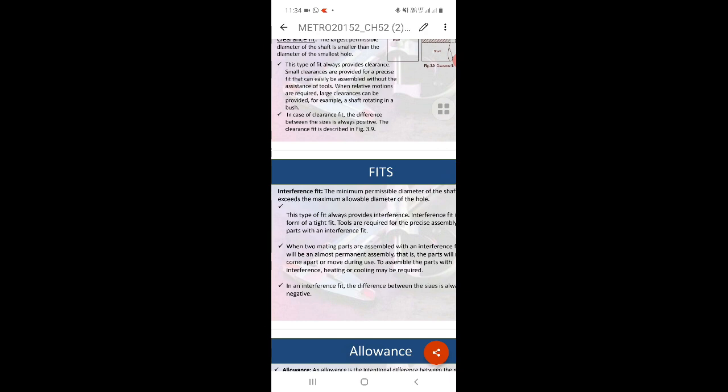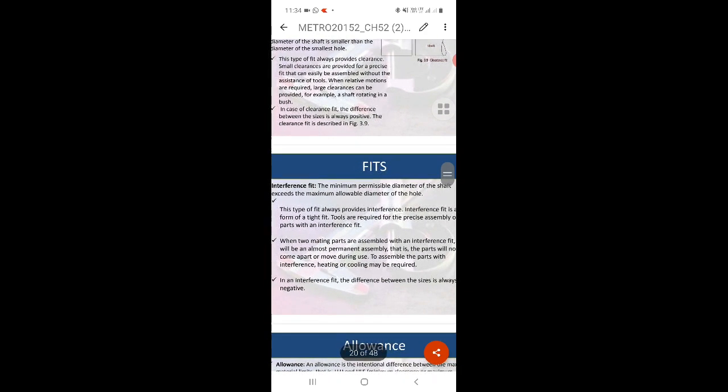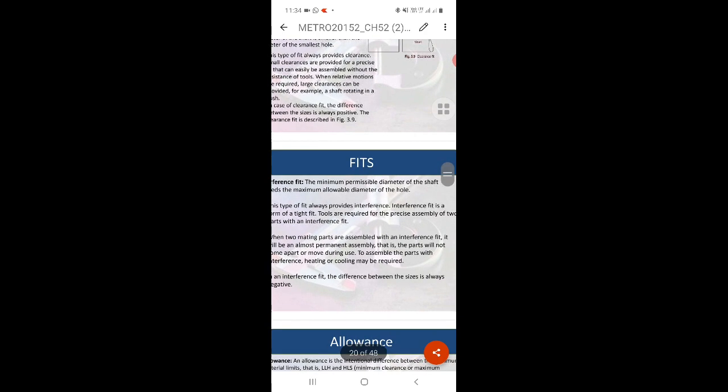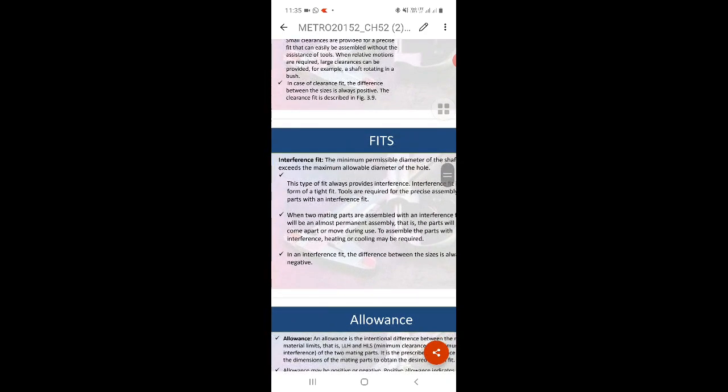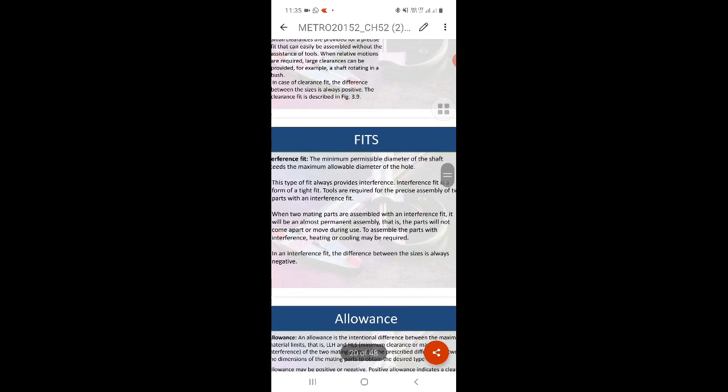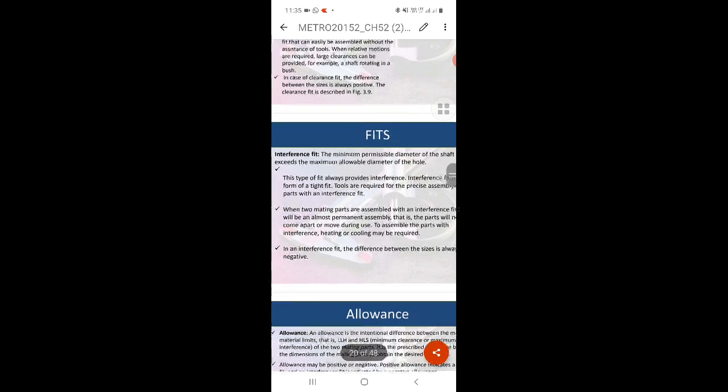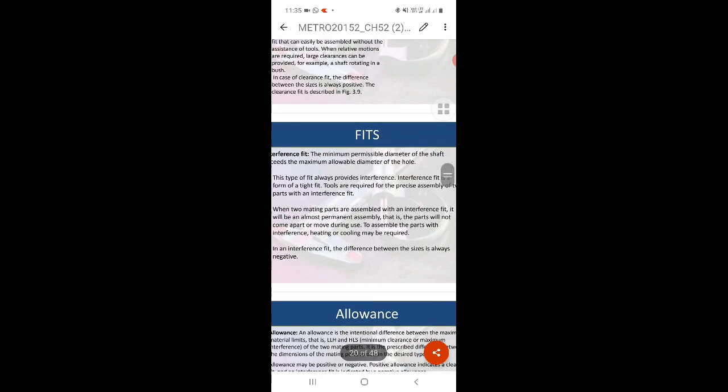This type of fit is a tight fit, so for this purpose some tools are required to press the hole and shaft together. When two mating parts are assembled with an interference fit, they are almost permanently assembled. Note this point: an interference fit assembly is permanent.